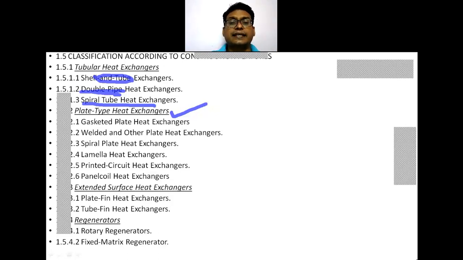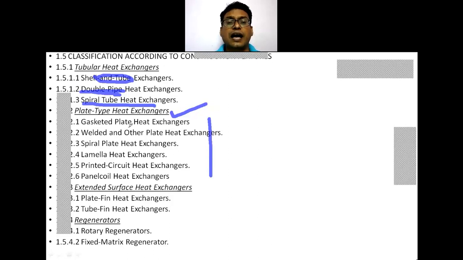So in that case, the gasketed plate heat exchanger, welded and the other plate heat exchanger, spiral plate heat exchanger, lamella heat exchangers, printed circuit heat exchangers, pen coil heat exchangers, these are the different types of plate type heat exchangers.